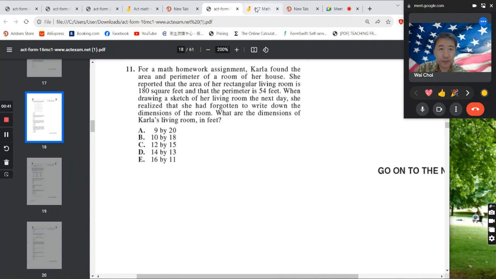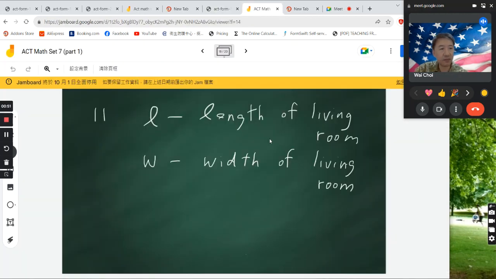All right, very interesting question. So what we know is the area is 180 square feet, and we're going to create some unknowns to represent the length of the living room and the width of the living room.